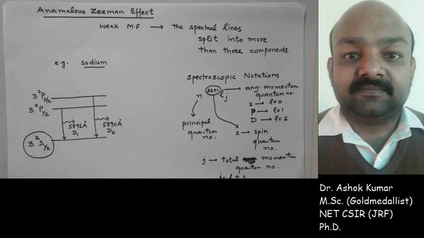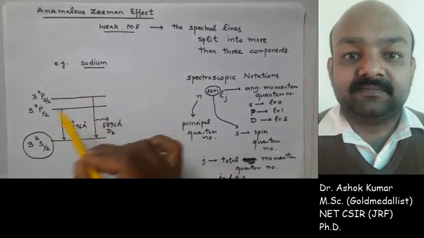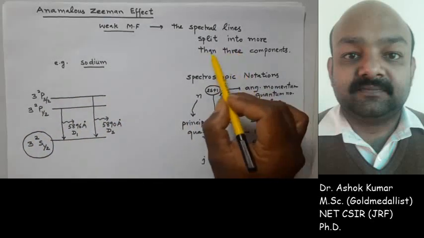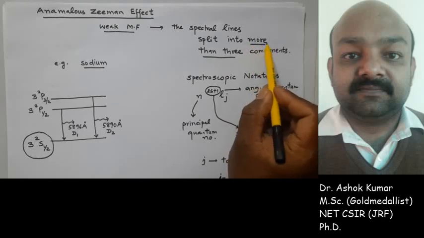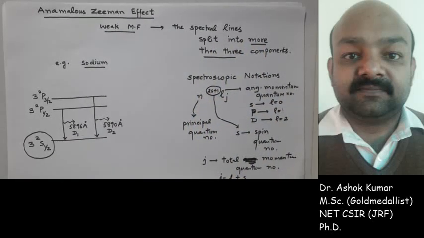So now we will study how, when we apply a weak magnetic field, these two spectral lines split up into more than three components. This will be our basic purpose of this study.